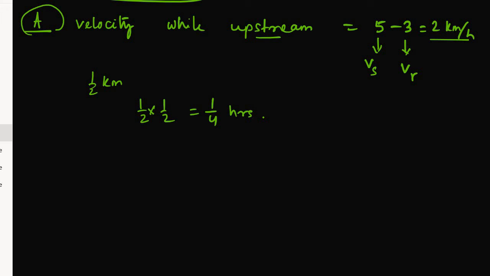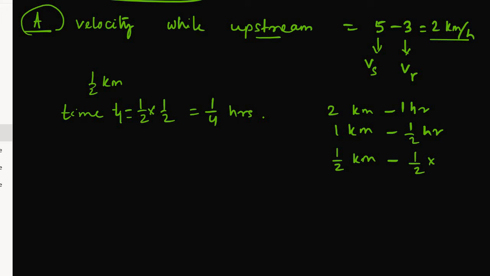Time taken for half kilometer, T1 equals 1 by 4. How so? Because for 2 kilometers he takes 1 hour, for 1 kilometer he will take 1 by 2 hours, so for half kilometer he will take 1 by 2 into 1 by 2 equals 1 by 4. Now this is time T1.